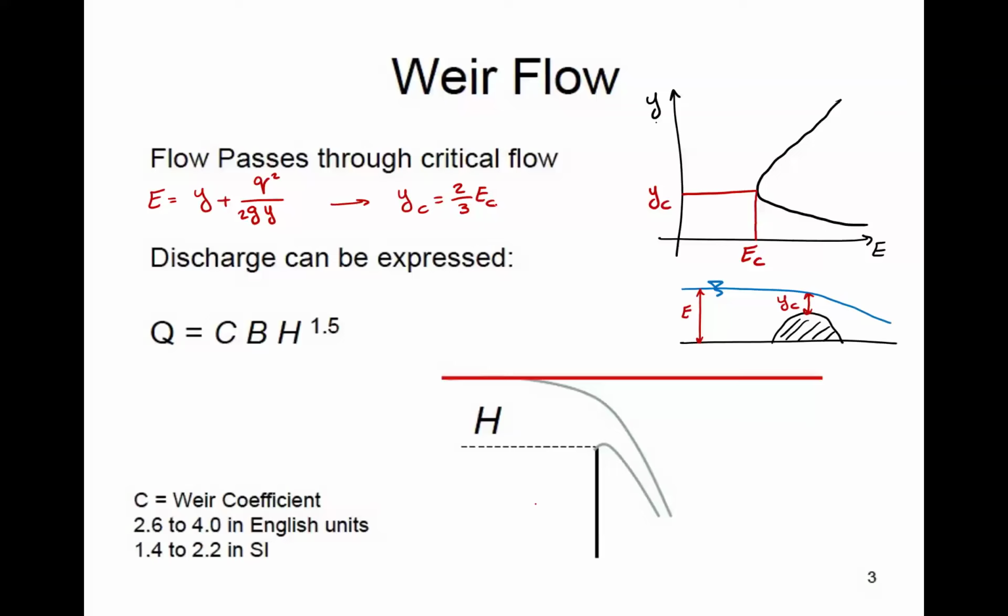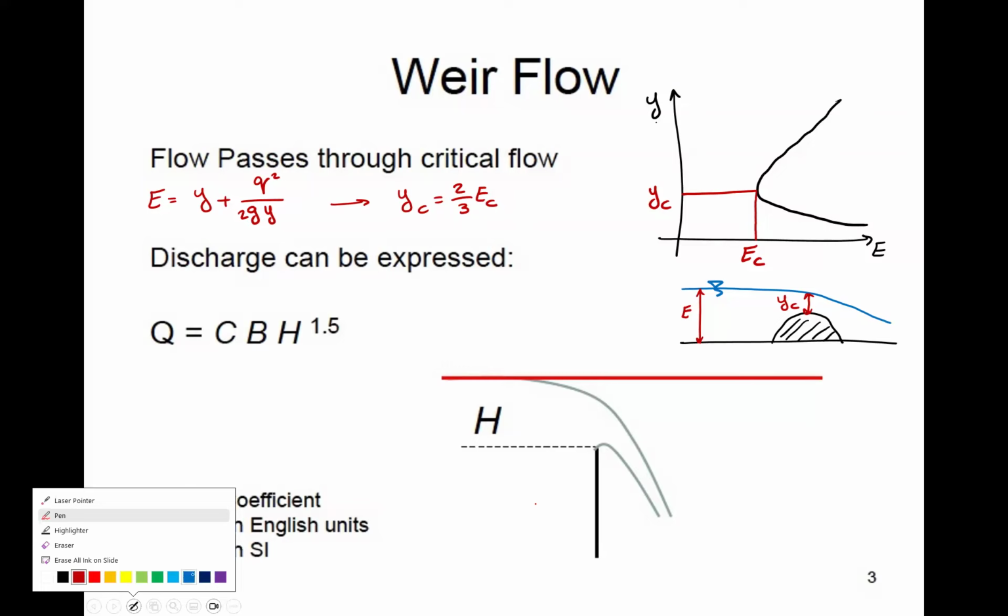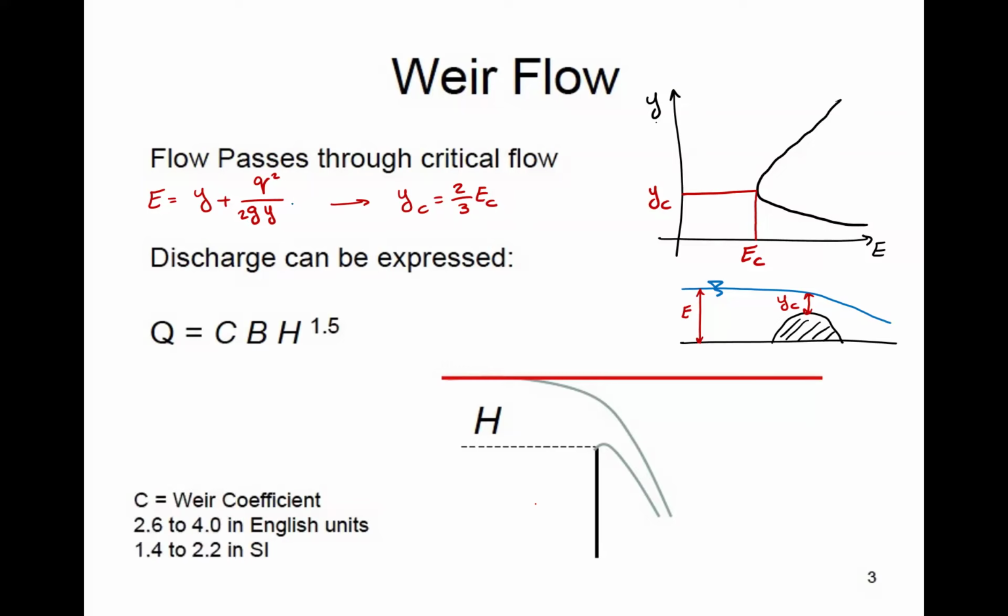And we could also look at this and say, if the channel bed is horizontal, your specific energy is the same as your total head, capital H. So capital H here is total head or total energy.